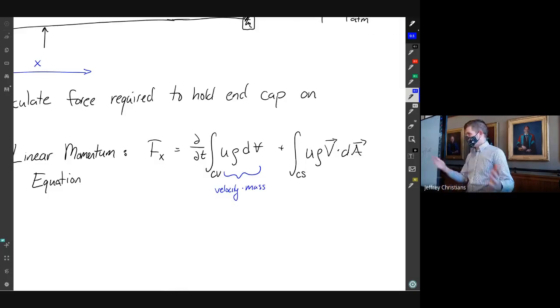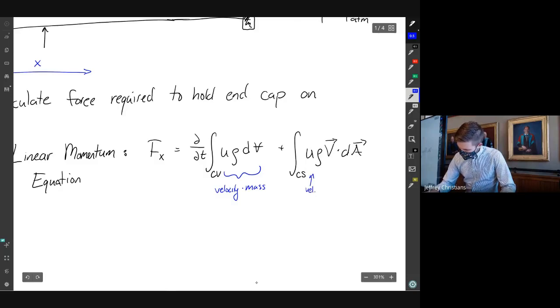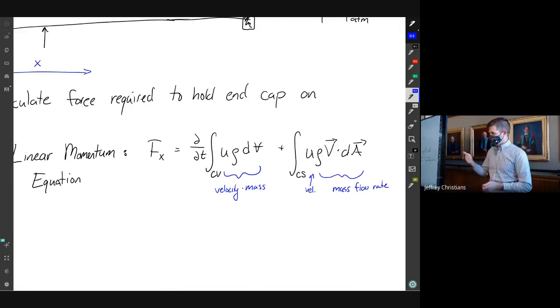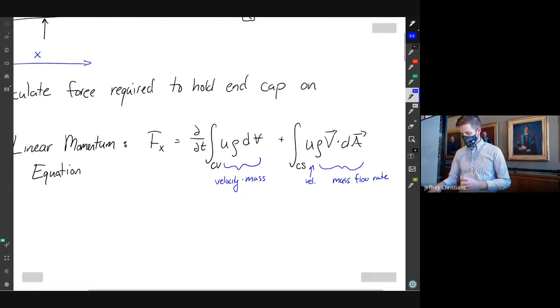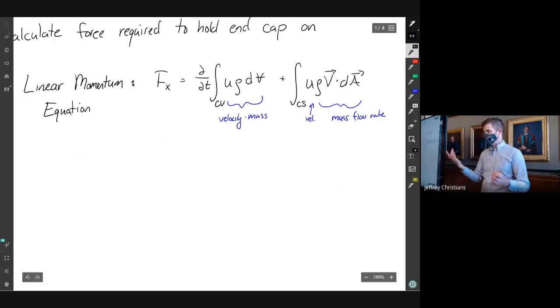Density times volume is mass. This is velocity, and then this whole second term is mass flow rate: density, velocity, area. So that we have a mass times velocity there too, because we're talking about momentum. So that's kind of how these pieces fit together. The notation looks a little bit weird, but that's why it looks the way that it does.